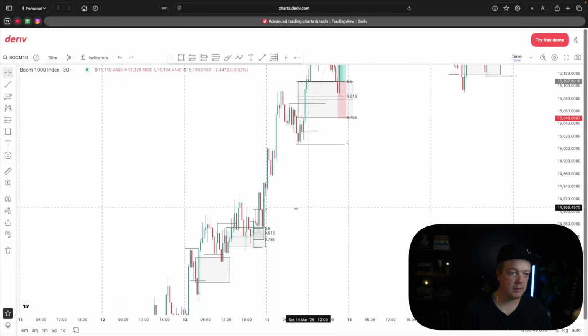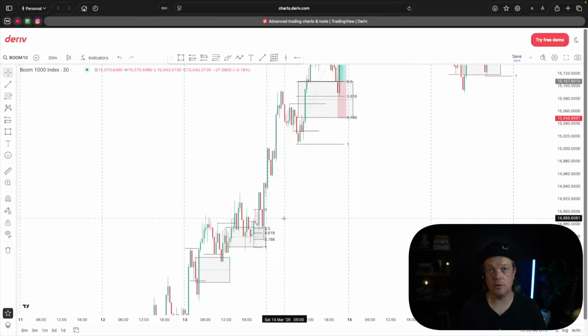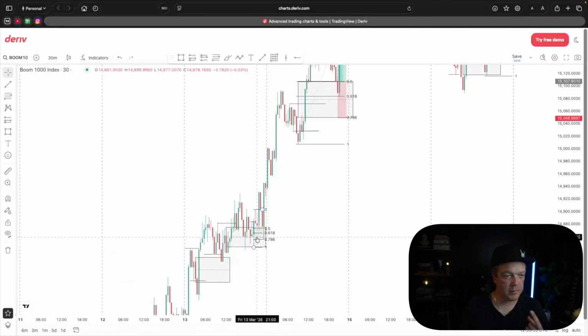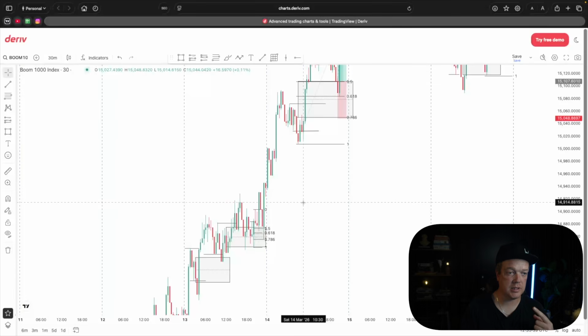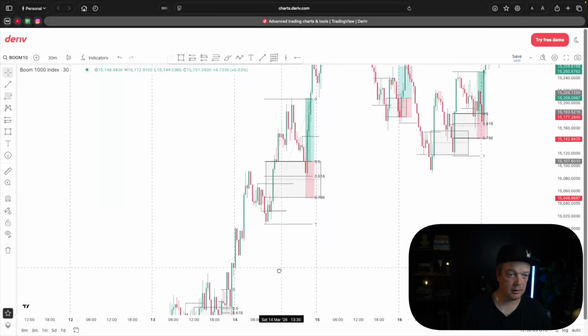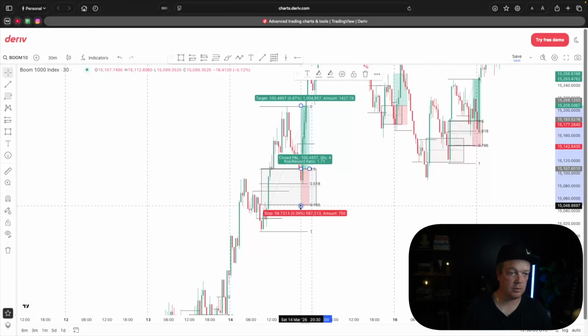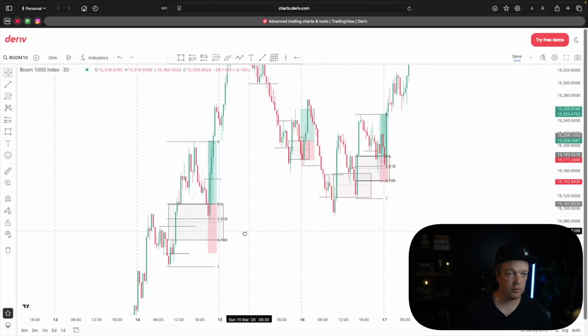So to make this an even higher probability trade, you want to wait for the lower confirmation. So not only trade one time frame, always go down to the lower confirmation to see if you get an entry or not. Secondly, we can put our stops a little bit below the zone for breathing room.